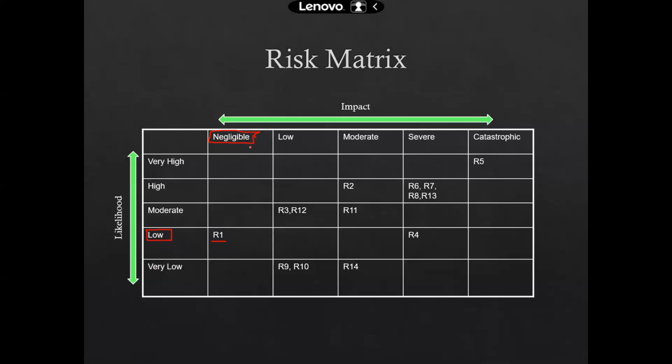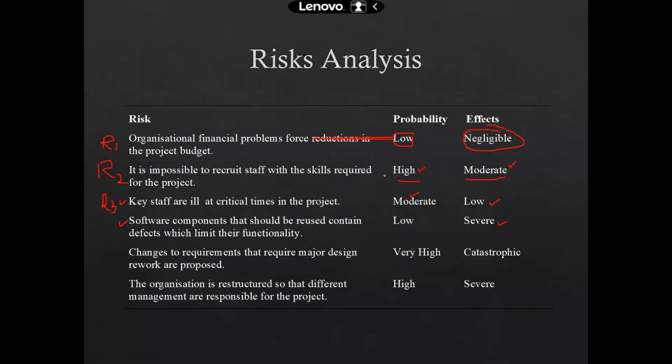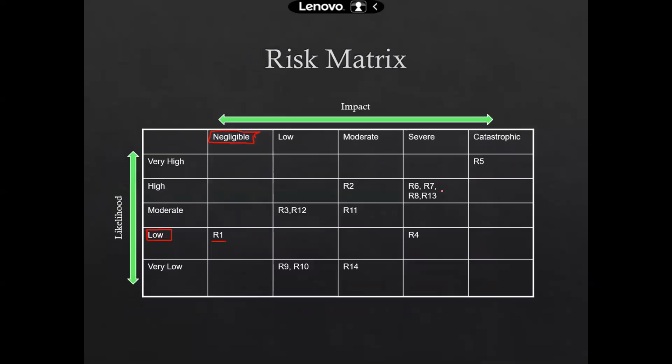Similarly, when we listed down our R2, which was risk 2, it was high and moderate. High probability of occurrence and moderate impact, right? Or in other words, it was 4 and 3. So we can find out this R2, high probability of occurrence and moderate impact.